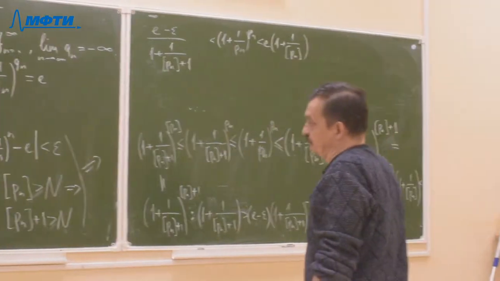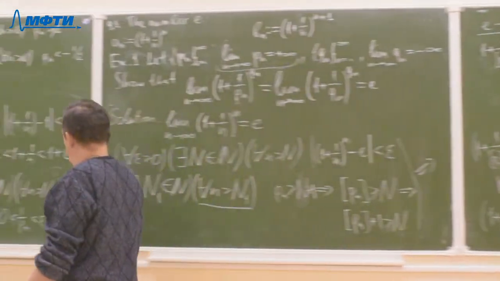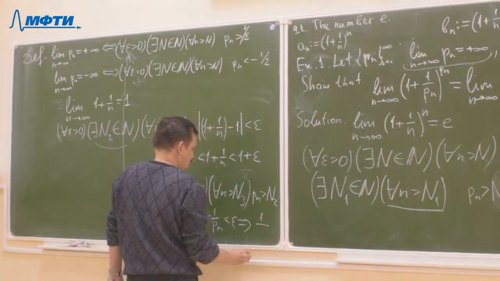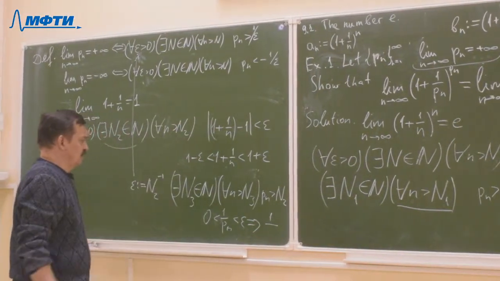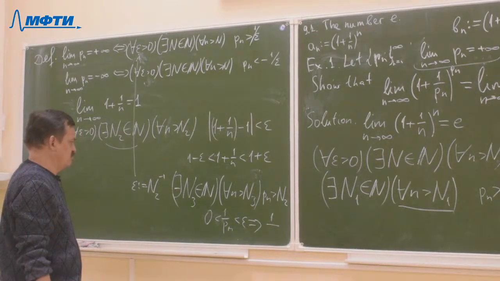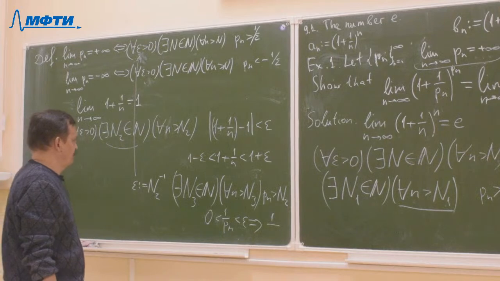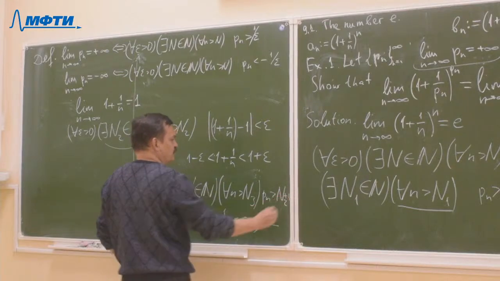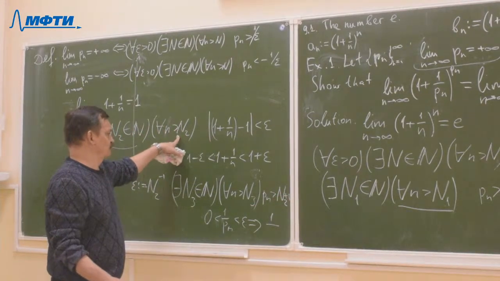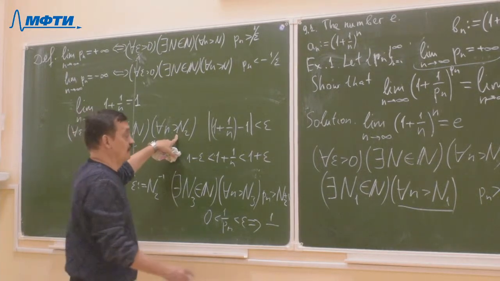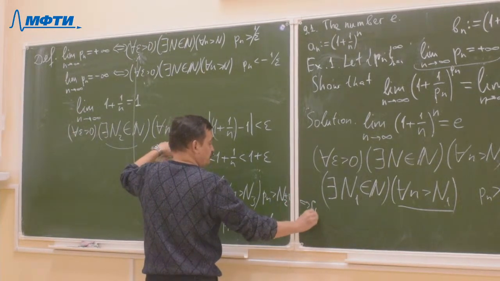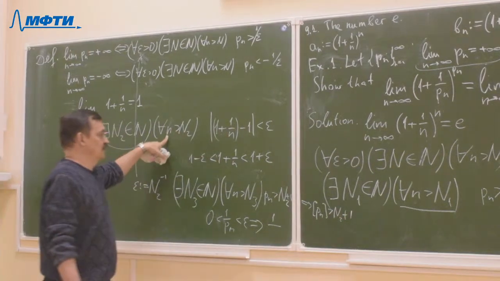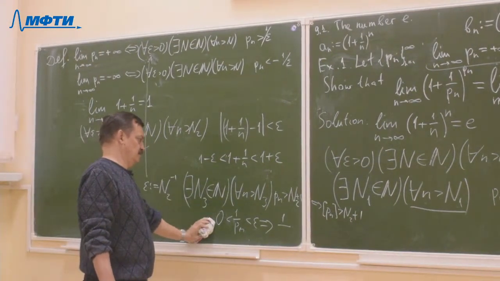Now, what can we deduce from this inequality? 1 over Pn less than epsilon. Then also, okay, I may put here N2 plus 1 to have for sure that integer part is greater than, so it follows that integer part of Pn is greater than N2 plus 1. And yeah, I cannot deduce this one, sorry.